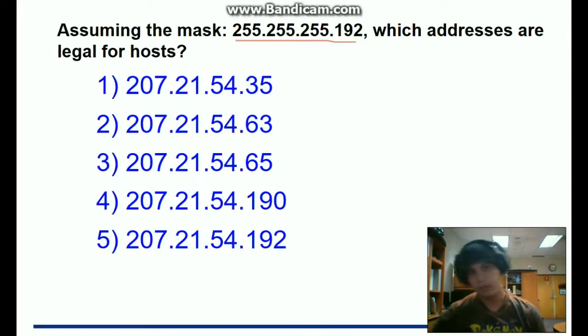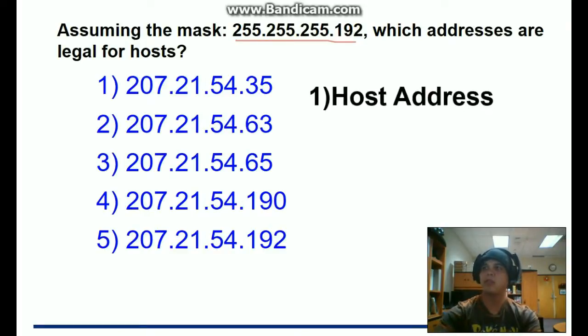All right, not gonna listen to all of it, but let's get to it. So, first thing, is the .35 of this Class C address, is that a valid host? What happened here? Yes, it is. It is a valid host because the subnet ID for this address is, what's our rotator here? 64.